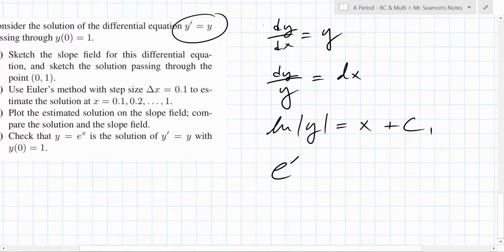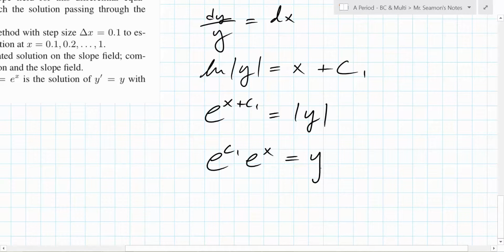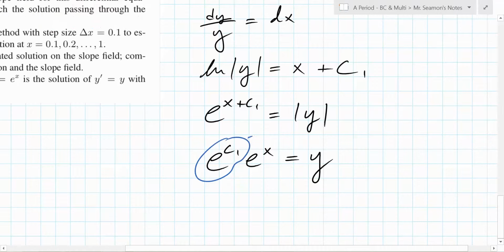So e to the x plus c1 is equal to the absolute value of y, but e to any power is going to be positive. So therefore you have e to the c1 times e to the x is equal to y. And what did we do yesterday? What did we call this right here? We'll call it c2. So we know y is equal to c2 e to the x.